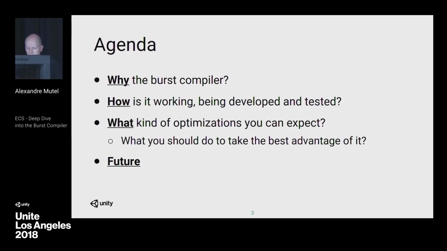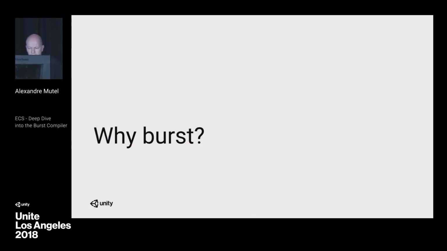Then we will see how Burst is working, how it is being used, developed, tested, how it is integrated in the editor, and how the JIT and the AOT are working. Then we'll talk more about optimization, what you can expect and what you should be aware of to better leverage Burst and optimize your code. In the final part, I will give you a glimpse of what we are working on for the future. So let's start.